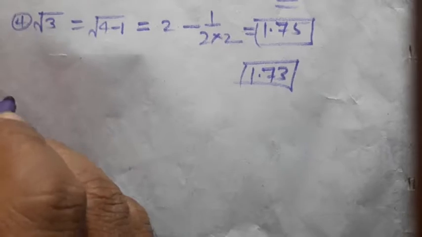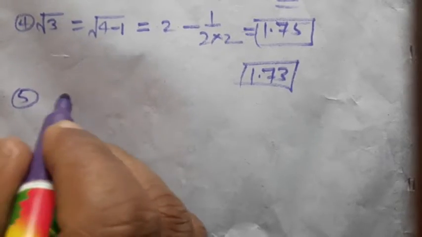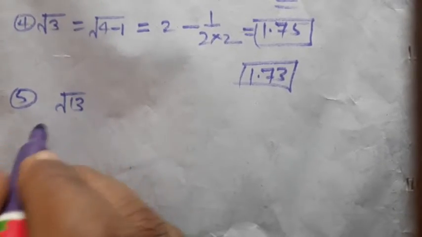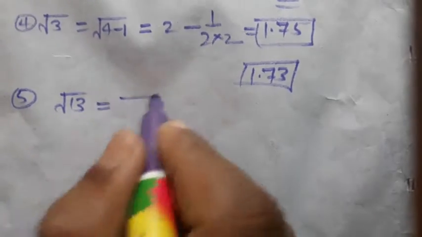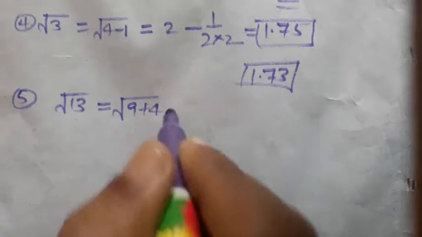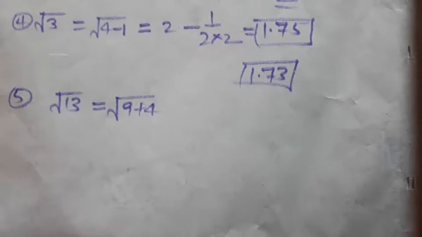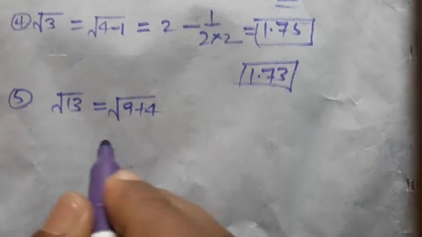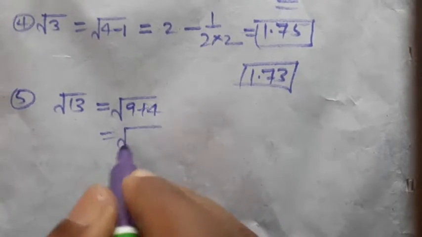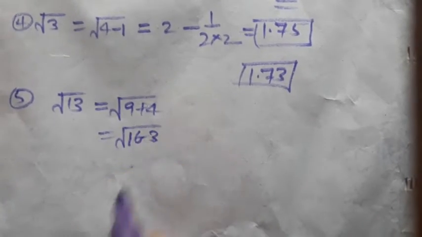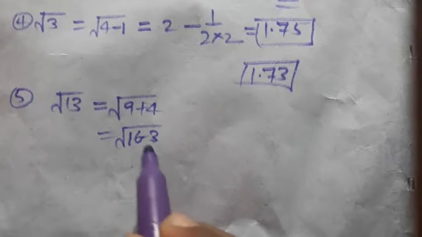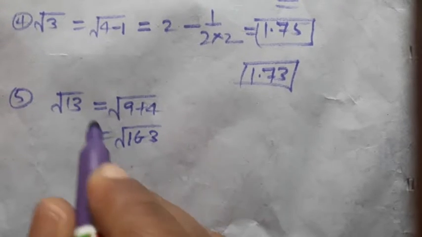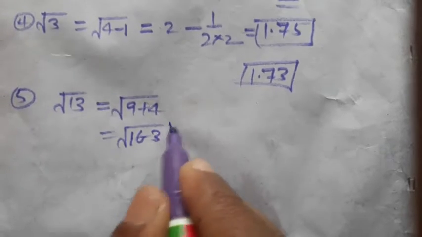Next example, suppose we take root 13. We can take 13 like this, 9 plus 4, or like this, 16 minus 3. 16 is the nearest to 13, so we will go for this.